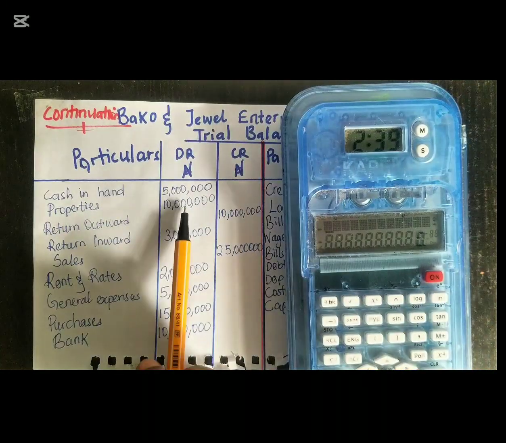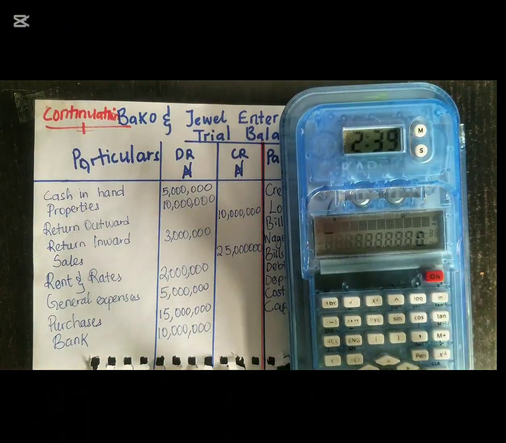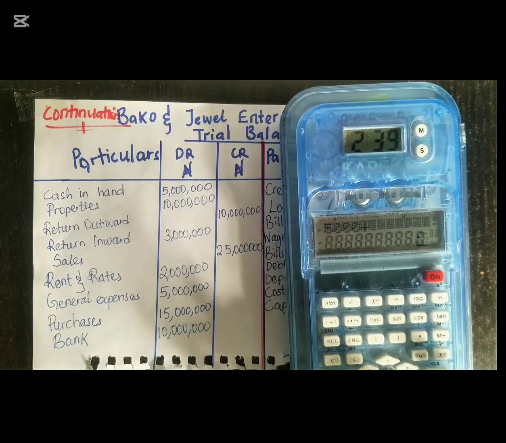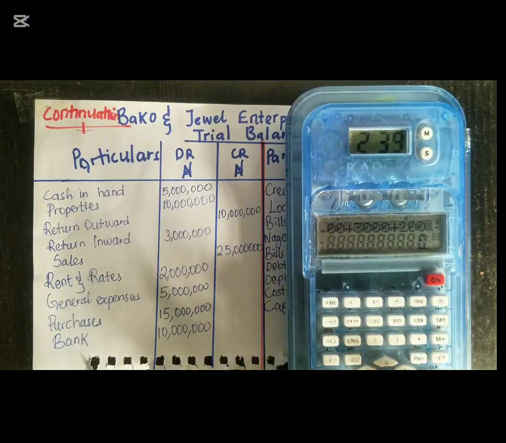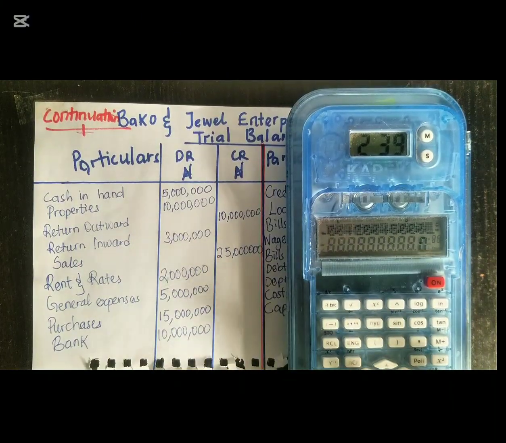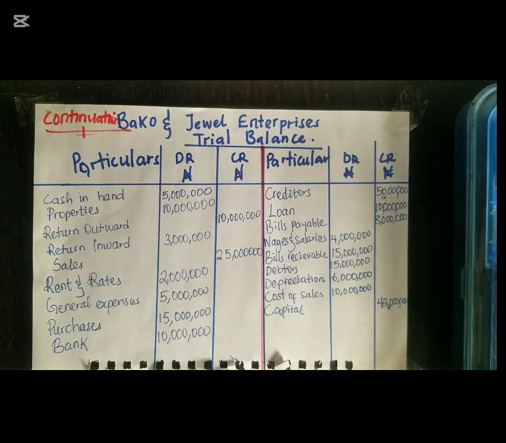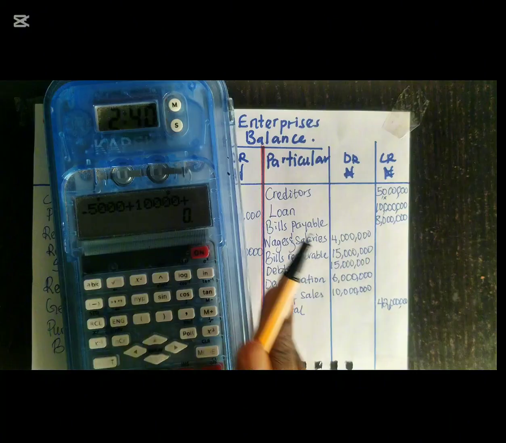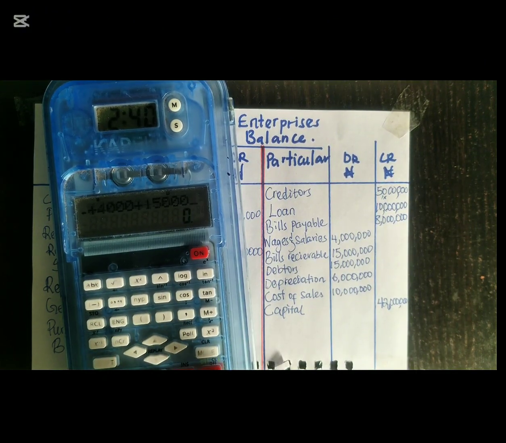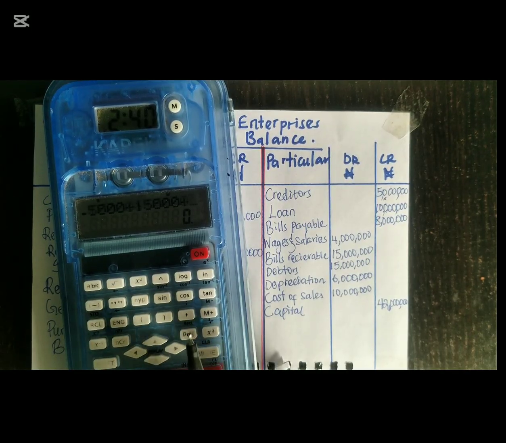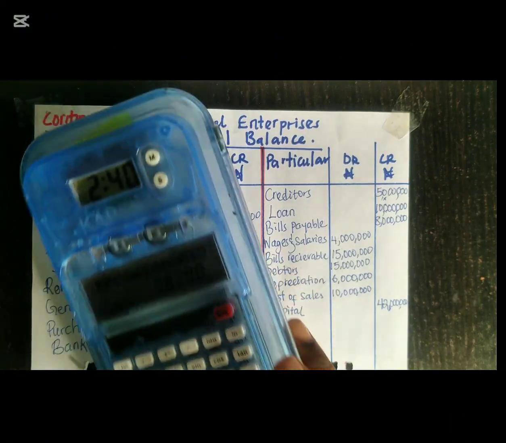So the first one that I see is 5 million. We can just write 5,000 because all the zeros are the same, so we don't need to start stressing ourselves. So the first one was 5,000 plus 10,000 plus 3,000 plus 2,000 plus 5,000 plus 15,000 plus 10,000 plus 4,000 plus 15,000 plus 15,000 plus 6,000 plus 10,000 equals, what are we getting?